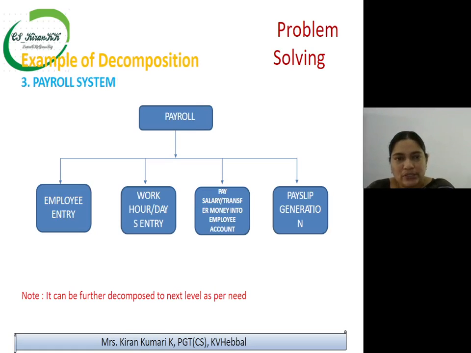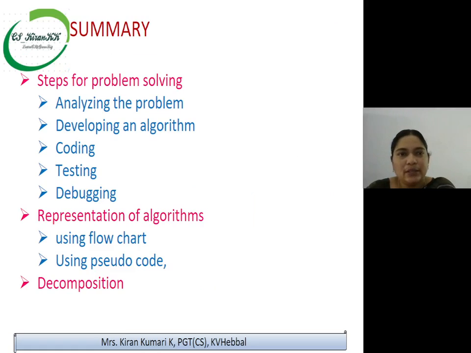In a payroll system, employee entry, work hours, days entry, paying of salary and pay slip generation can be segregated into small tasks, so the entire payroll system can be easily implemented.